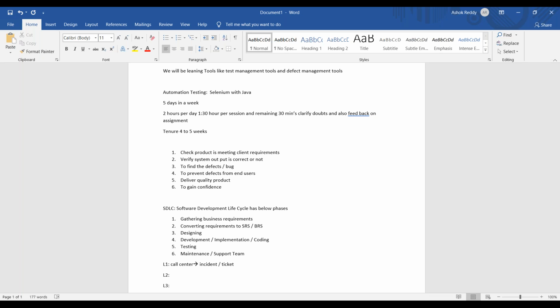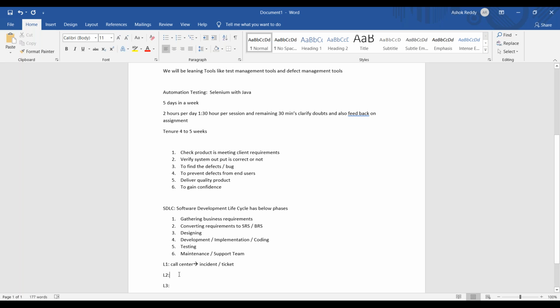Hope you guys would have called customer care for some issues, whatever the product, right? So what they would do, they acknowledge you with the incident number or ticket number. Is that correct? Yes. Now the L2 guy comes into the picture.